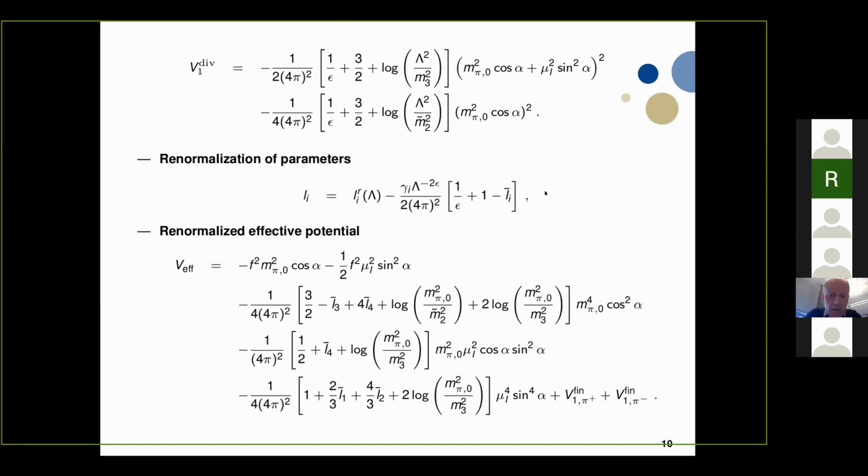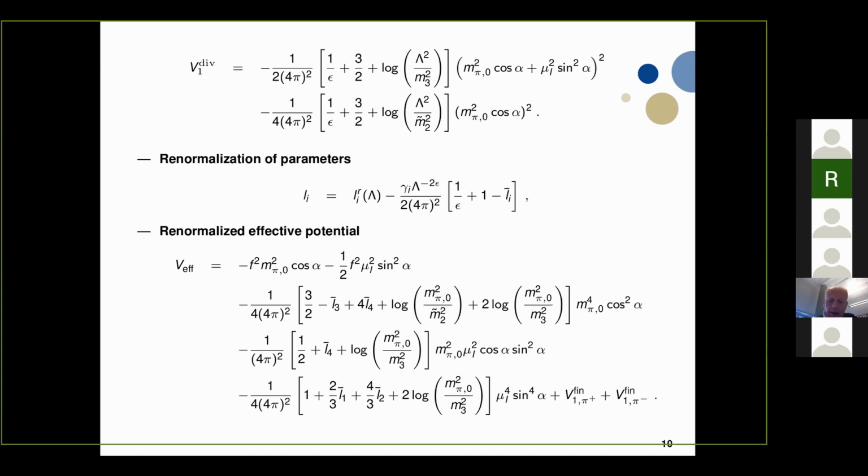And I'd like to point out that this renormalization can be carried out for all values of alpha. So that means that you can get a finite renormalized effective potential that is written down here, V_F. It involves the pion mass, the chemical potential, the angle alpha, and then, of course, a bunch of low energy constants, L1 through L4.